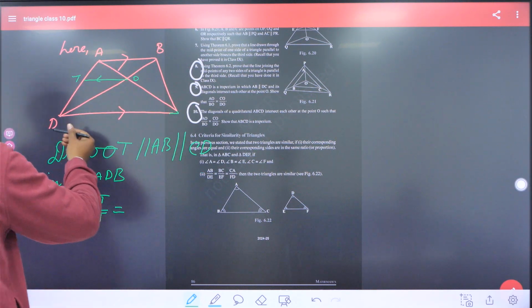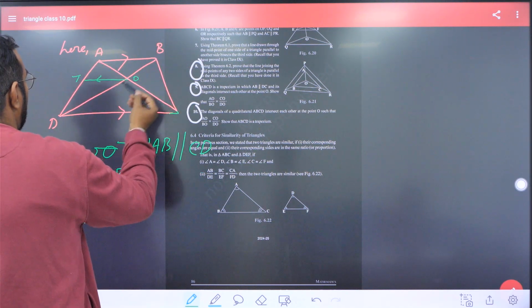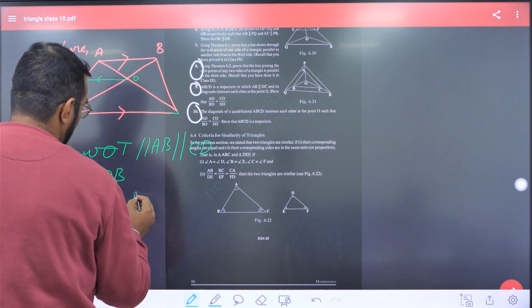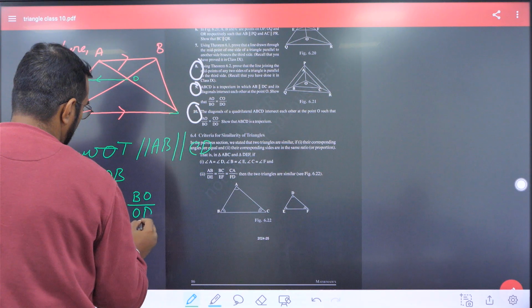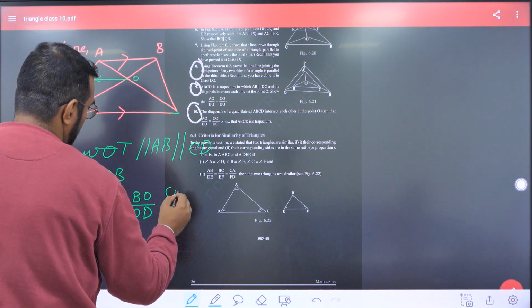AT upon DT is equal to BO upon OD, हैं ना? BO upon OD by BPT.